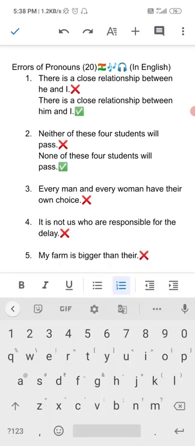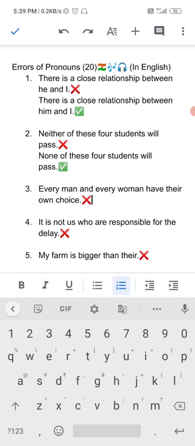Every man and every woman have their own choice. We have used a conjunction and in this sentence, and before and we have used a singular noun man, and after and the other singular noun is woman, and before both of these nouns we have used every.